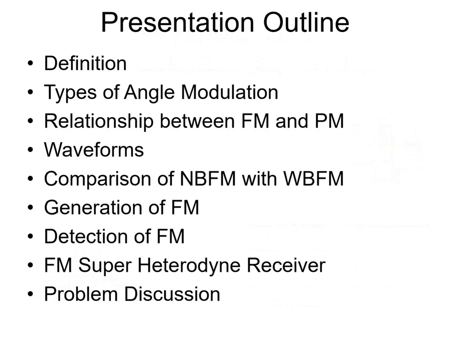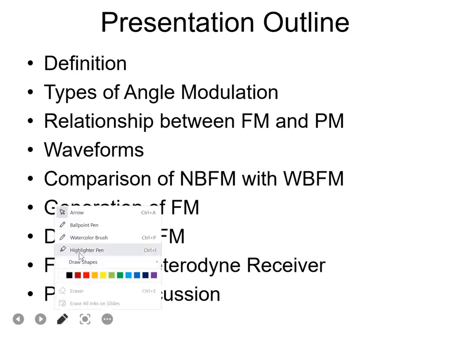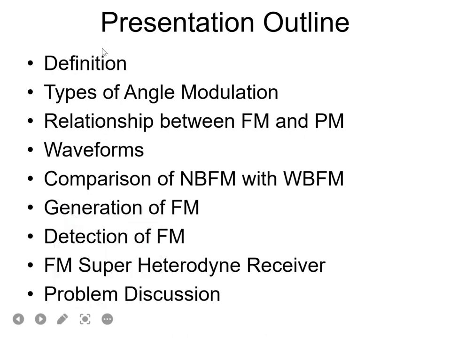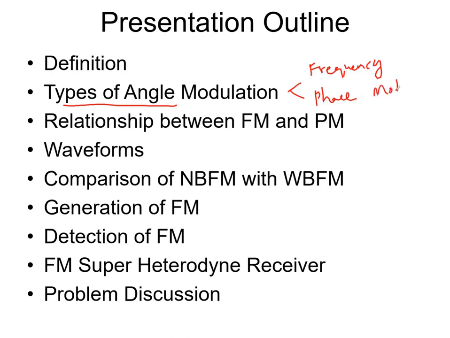Okay, now going to my presentation outline. Today the different topics I am going to discuss are the definition of angle modulation. What are the different types of angle modulation? Maybe the frequency modulation, then the phase modulation, which are in short called FM and PM.